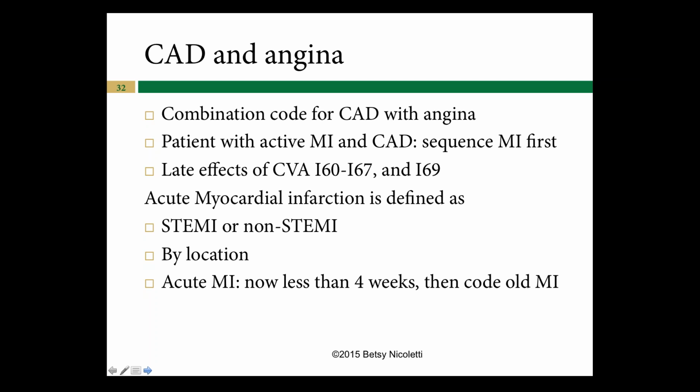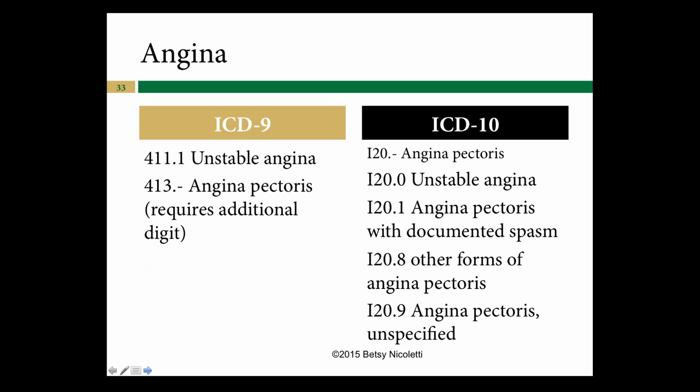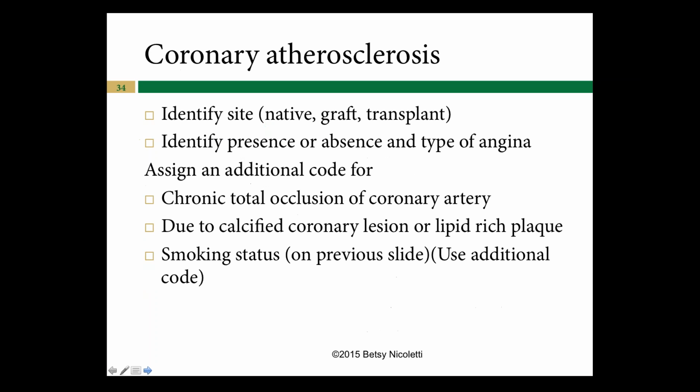Is it a STEMI or a non-STEMI infarct, and what's the location of the infarct, which our physicians know because all these patients have the diagnostics to tell them that right away. Angina, in ICD-10, we have unstable angina, angina with documented spasms, and then other forms and unspecified. So that looks pretty much the same as ICD-9, little change.